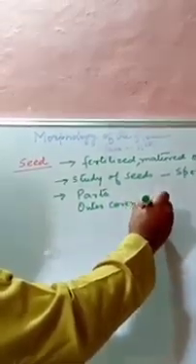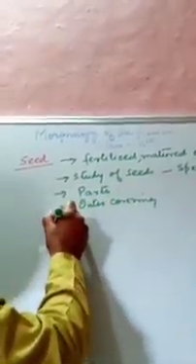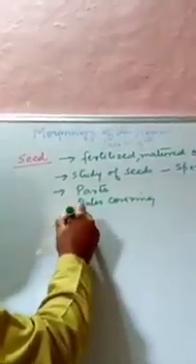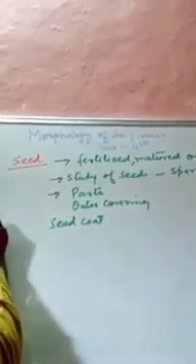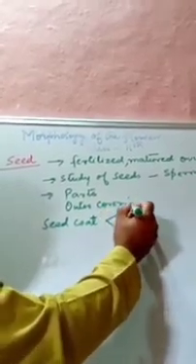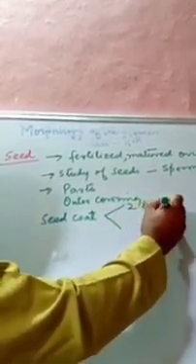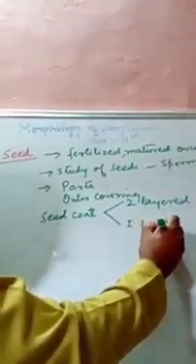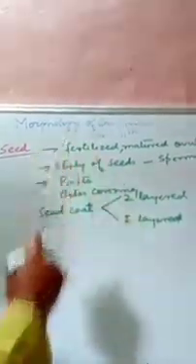That outer covering is called the seed coat. This seed coat may be two layered or it may be one layer. The two layered is mainly found in the dicotyledons.